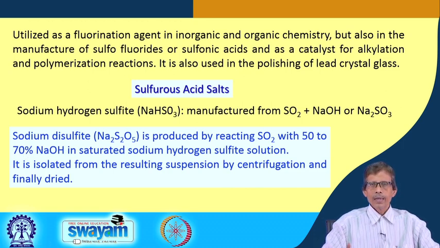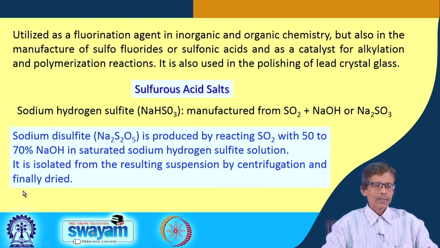So, again just now what we have seen, that if we can use the product material as the corresponding base or as the corresponding solvent or as the medium, we can go for some simple reactions where the reactant is reacting with some amount of acid or the base. So, if you have a hydrogen sulfite solution, that means your NaHSO3 solution, on it you can go for the same reaction, that means the reaction of SO2 with NaOH.